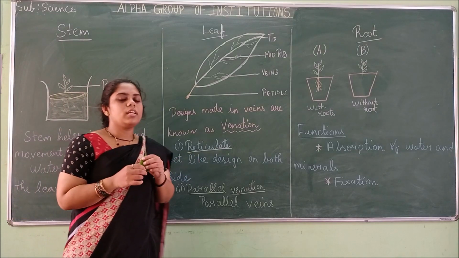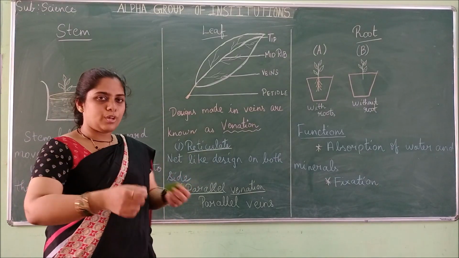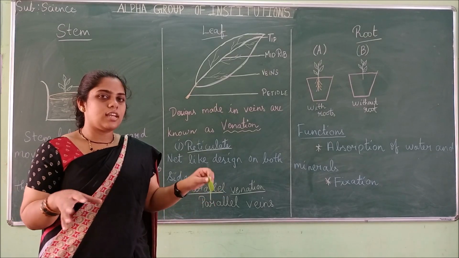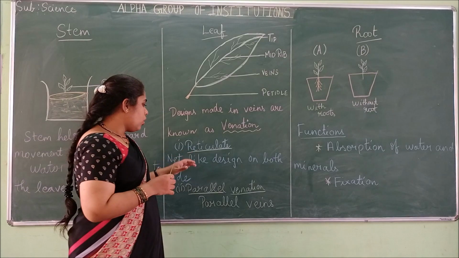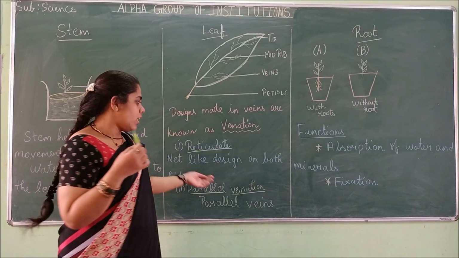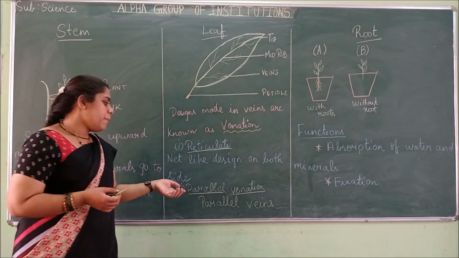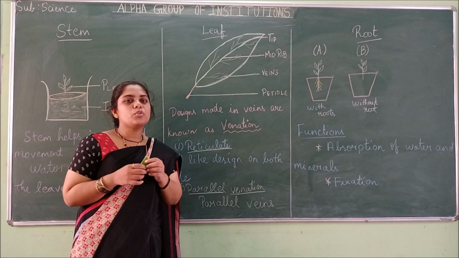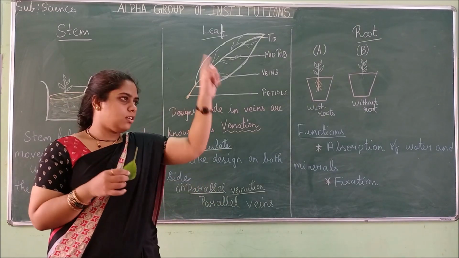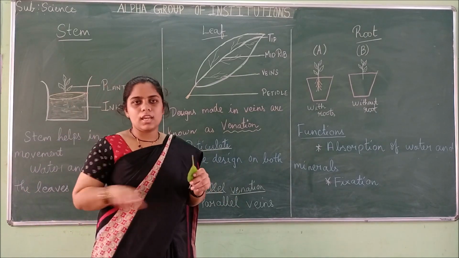Reticulate venation means the veins are net-like, like the fishing nets or the nets in your house. When the veins are present like a net, that is called reticulate venation. Parallel venation is when you have straight, parallel lines on both sides, all the same.